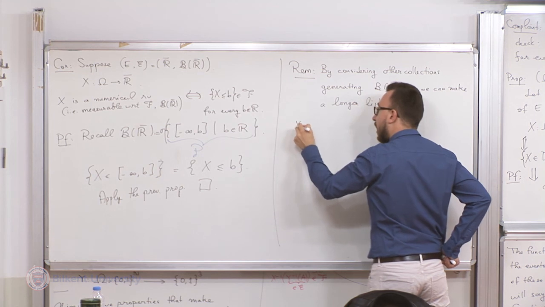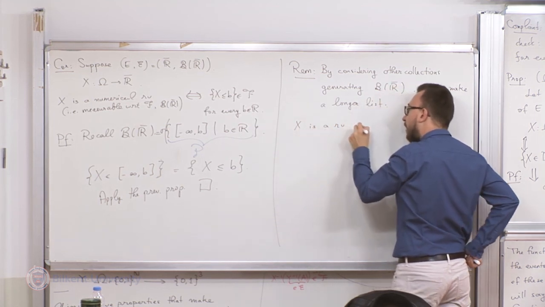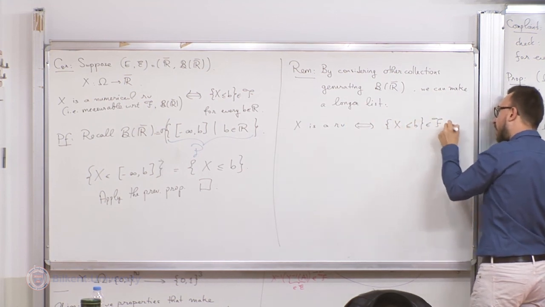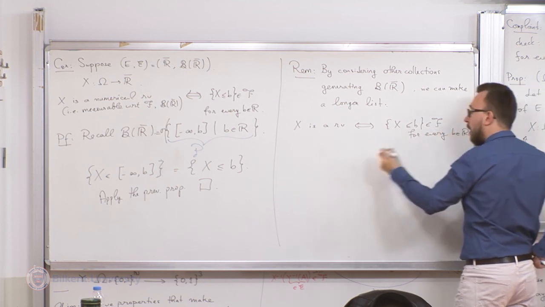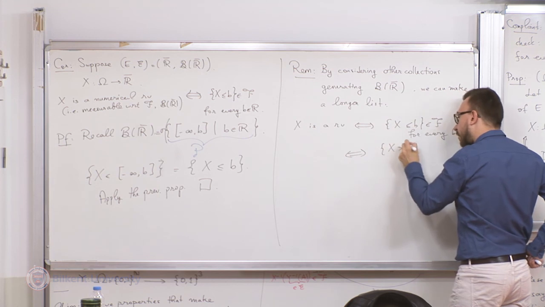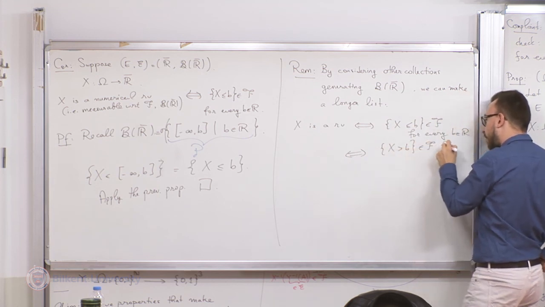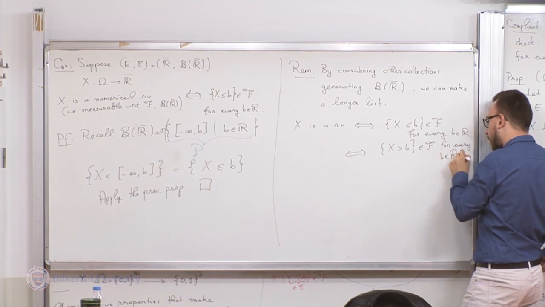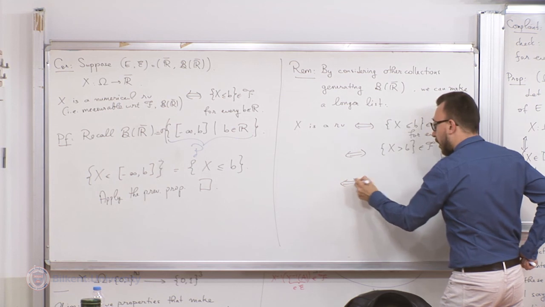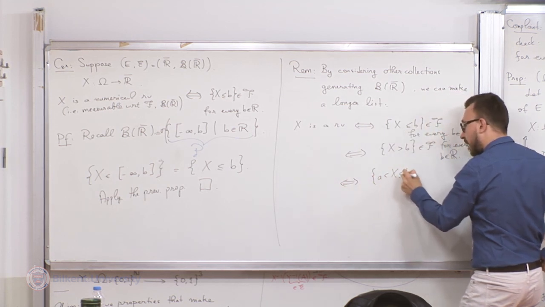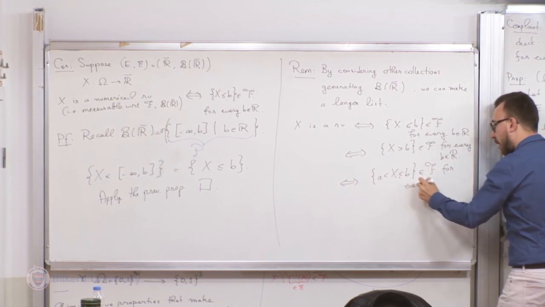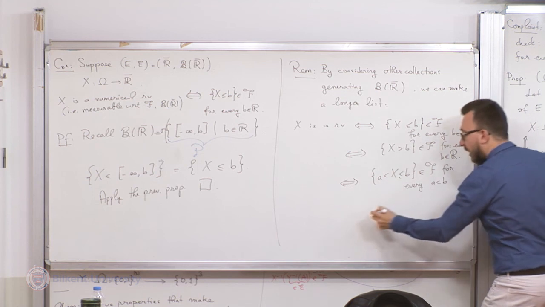For instance, X is a random variable if and only if, let me first repeat what we just said, {X less than b} is in F for every b, if and only if {X greater than b} is in F for every b, or {X is between a and b} is in F for every a less than b, etc., etc.